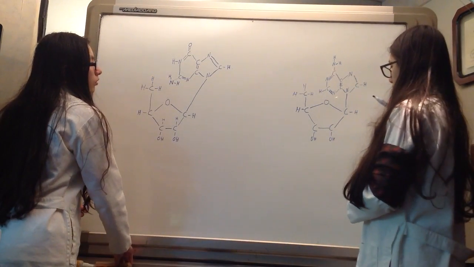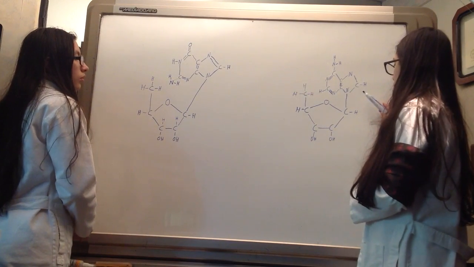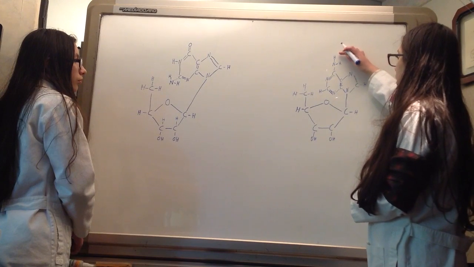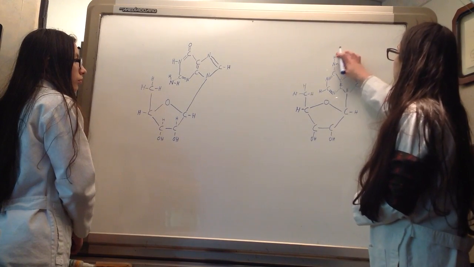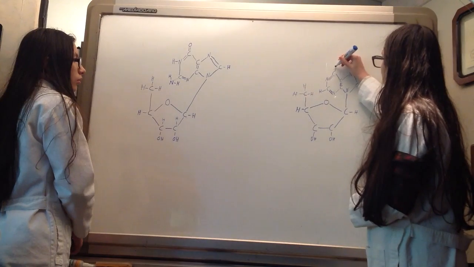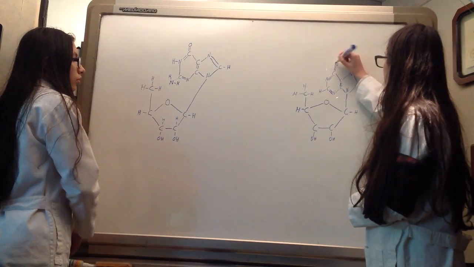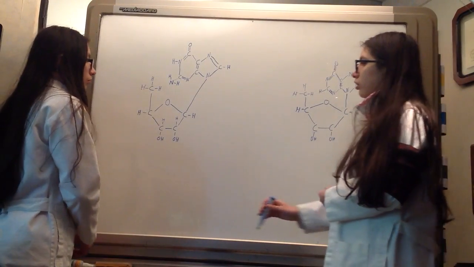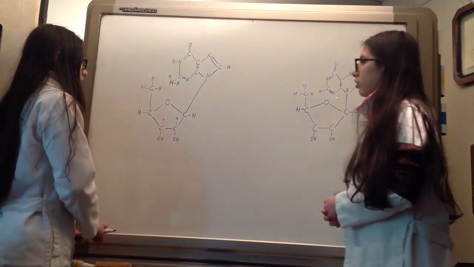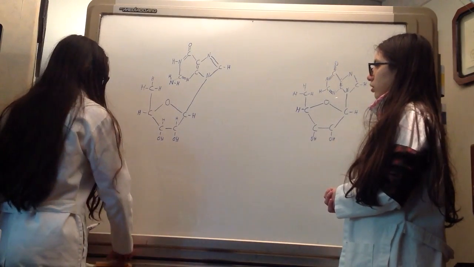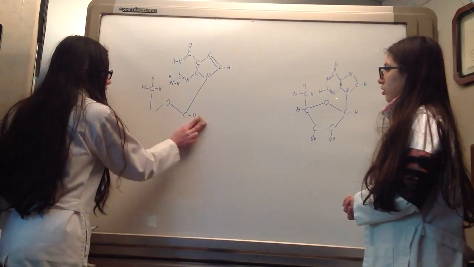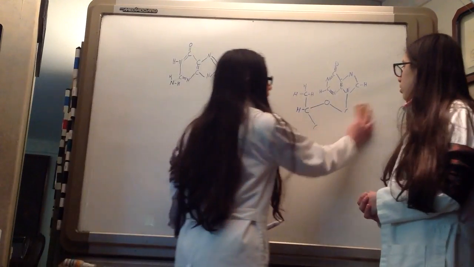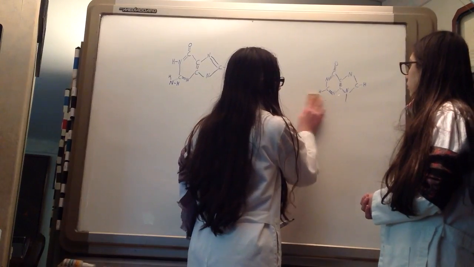Then the adenosine is converted into inosine by the adenosine deaminase, which takes away that amino group and puts an oxygen, and so now this is inosine. Then the nucleosidase takes away the ribose, and so now this is guanine, and this is hypoxanthine.